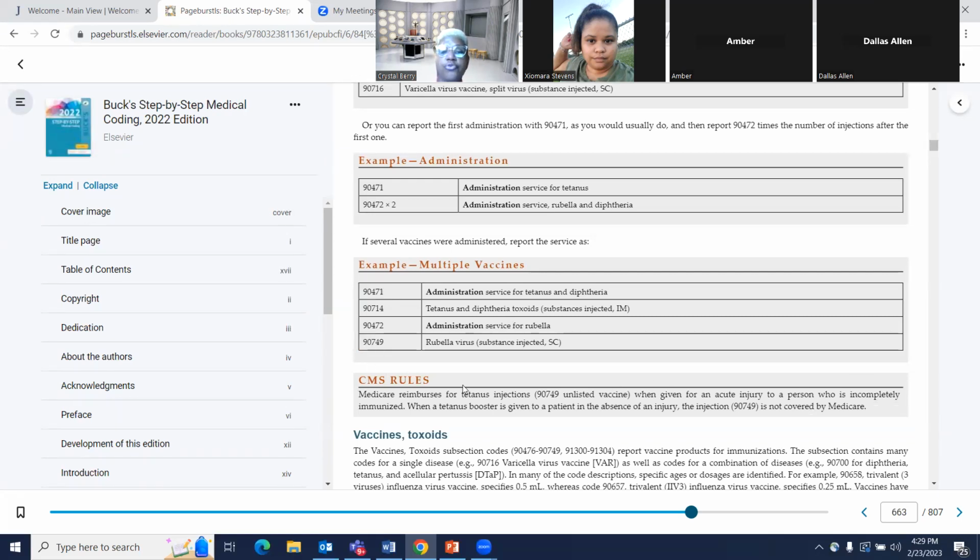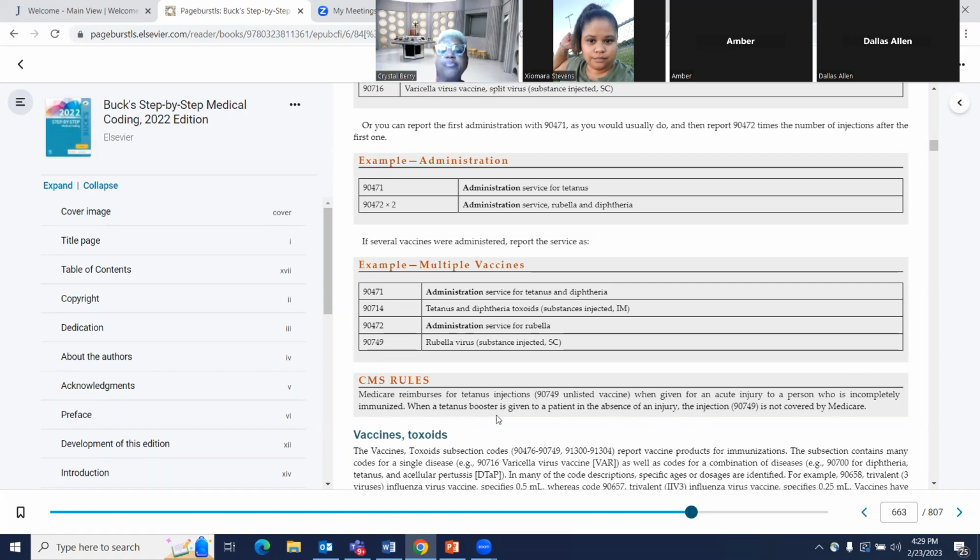Here is the CMS rule. Medicare reimburses for tetanus injection 90749 unlisted vaccine when given for an acute injury to a person who is incompletely immunized.